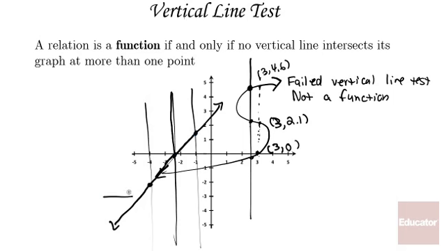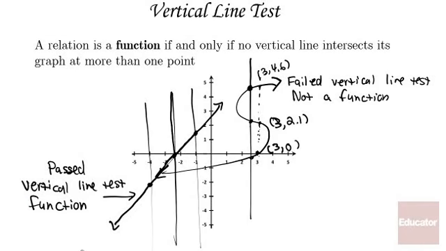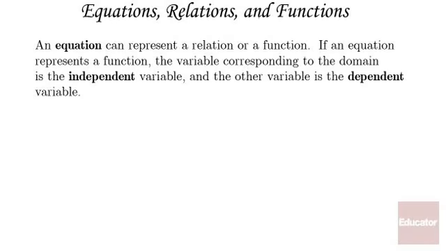So this passed the vertical line test. Therefore, this graph represents a function. Okay, so the vertical line test is a visual way of determining if a relation is a function.